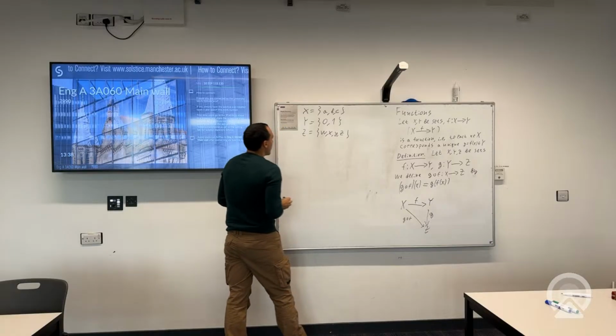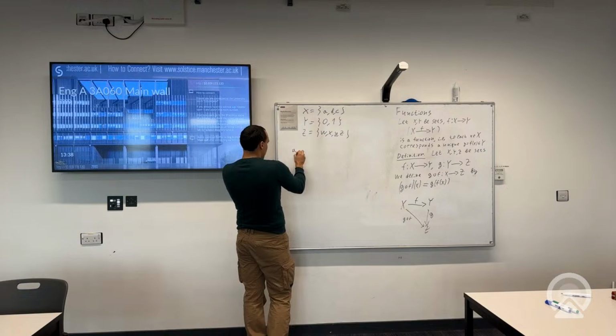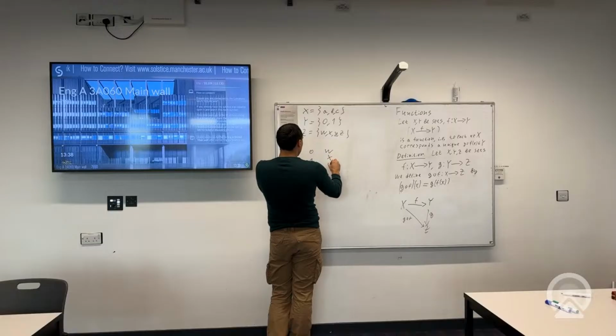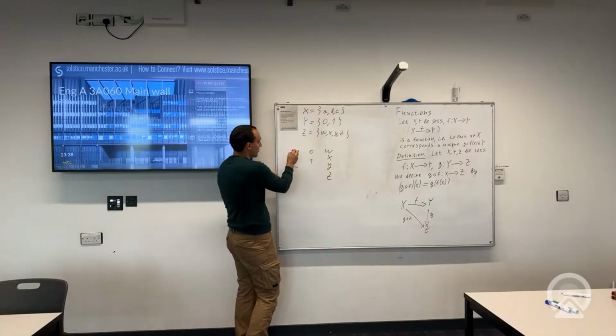So we have A, B, C, here we have 0, 1, and W, X, Y, Z. So a function maps everything from here to here in some way.